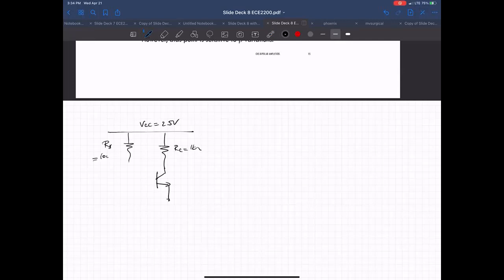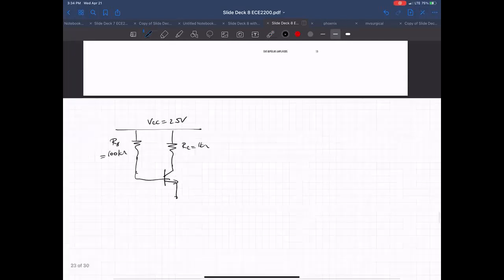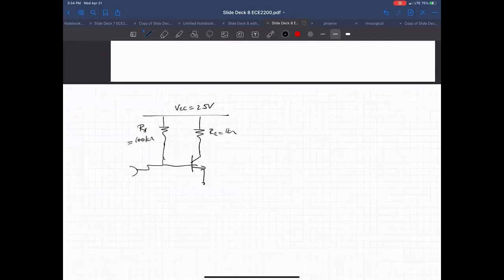We want to make this relatively large so that we don't fight with our potential input too much. So let's see what this looks like.